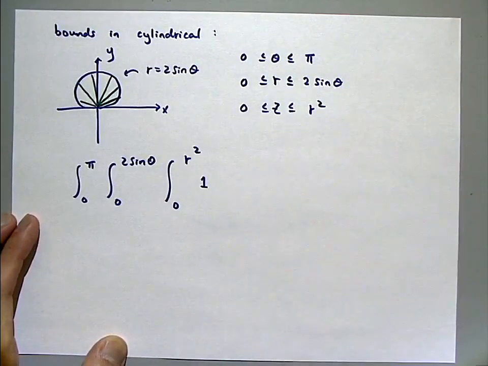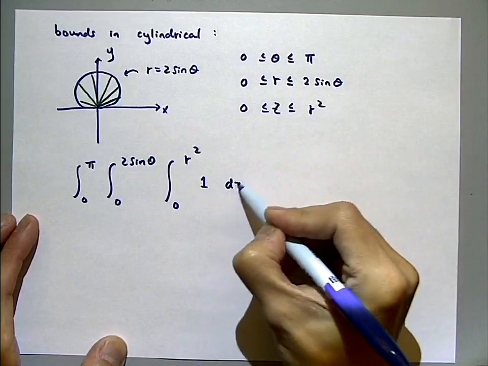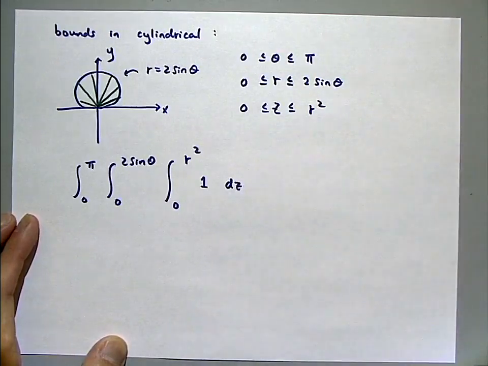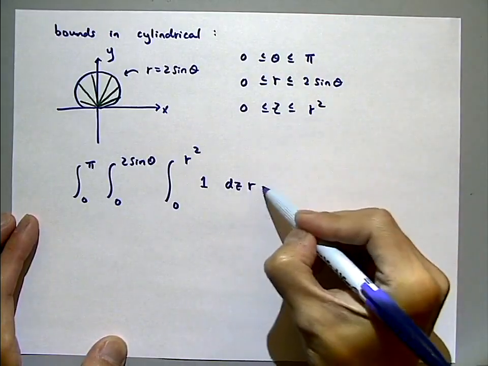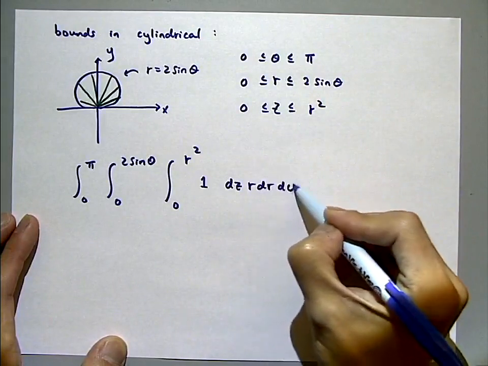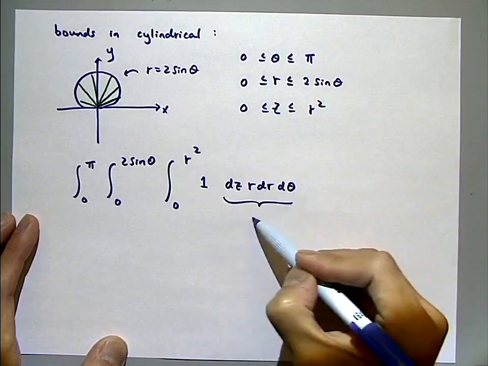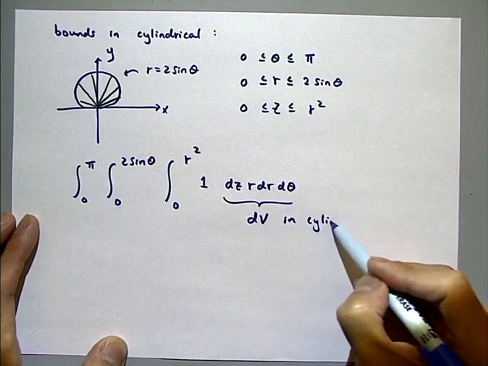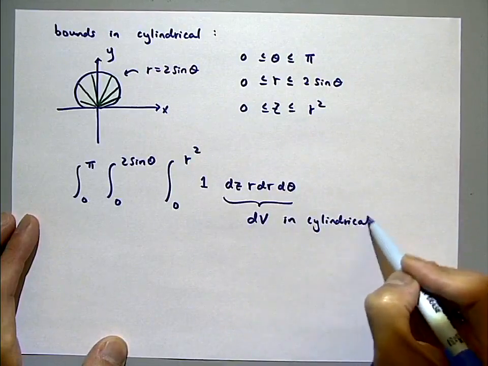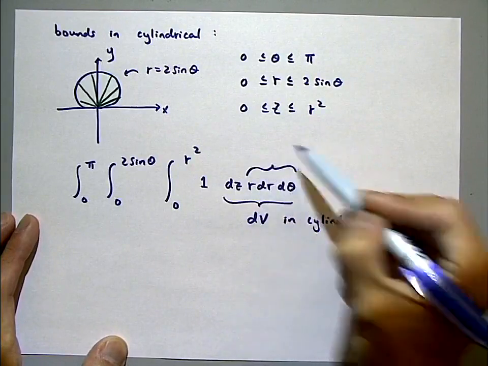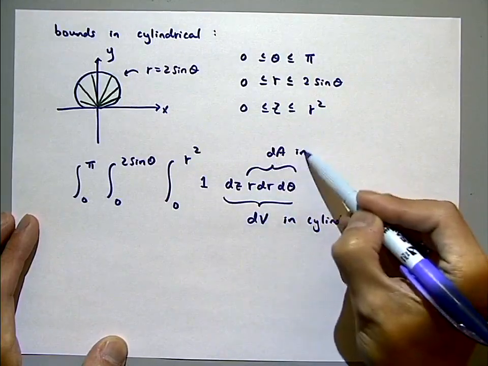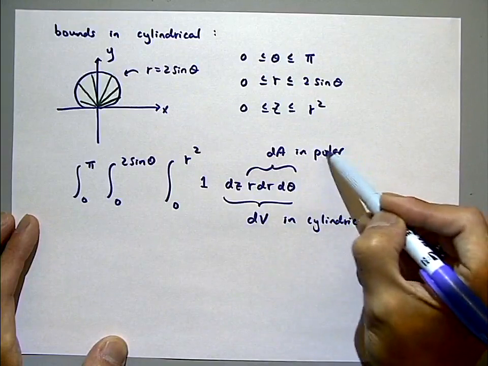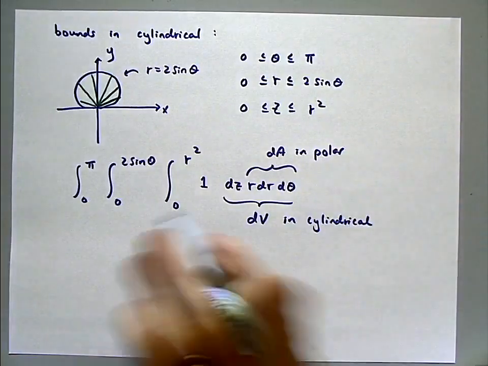And dV is dz r dr d theta. This is the volume, the dV, being cylindrical. And this is just your usual dA in polar. Stuff you already know. And you integrate 1 to get your volume.